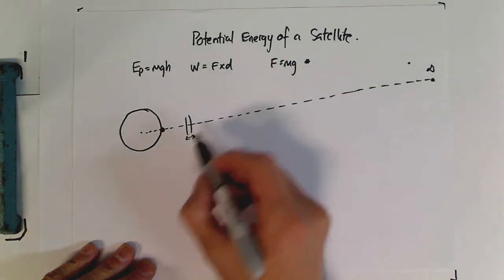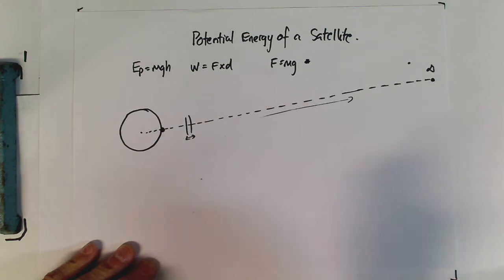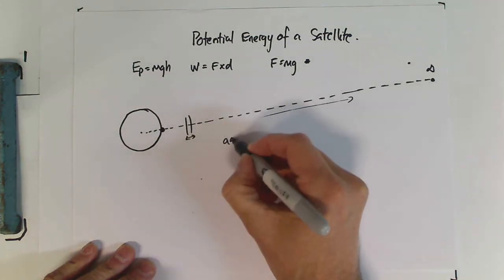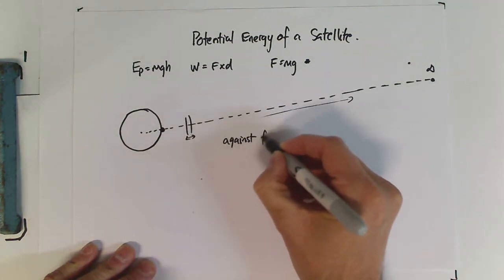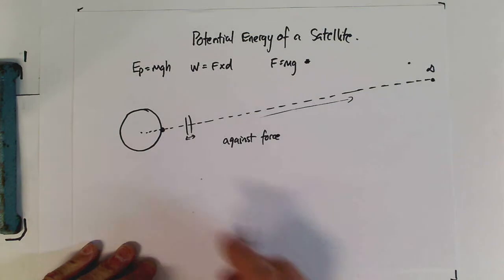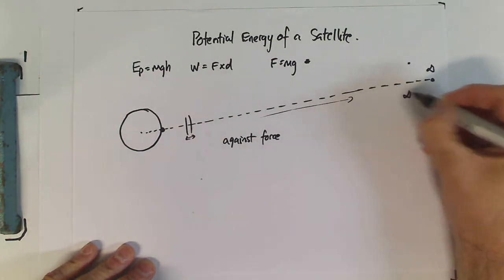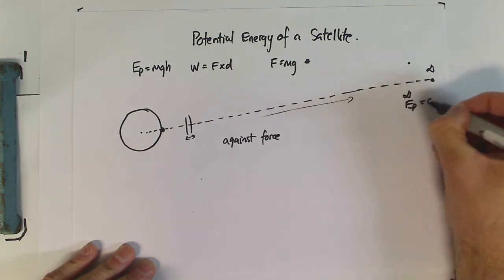Now, as we go all the way out there, potential energy is increasing because we're going against the force. If you go against the force, then potential energy increases. So we're going to define at infinity the potential energy is equal to 0.